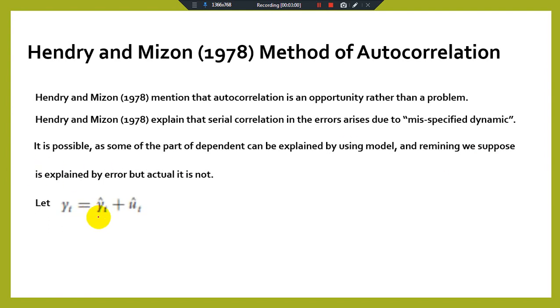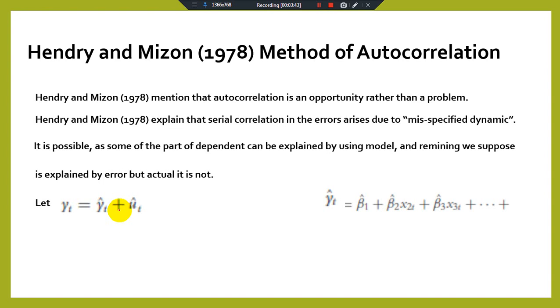Let we have y is equal to y hat plus u hat. This reveals that our dependent variable is explained by our estimated y_t plus the error term, so it is explained by its explained variation and error term.